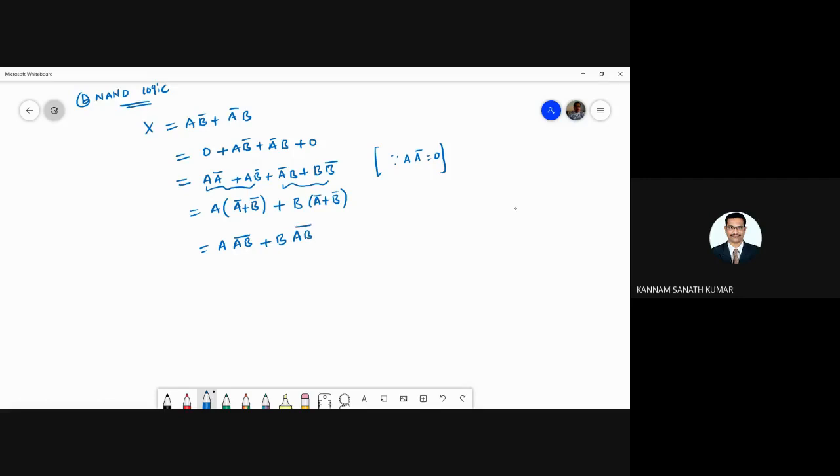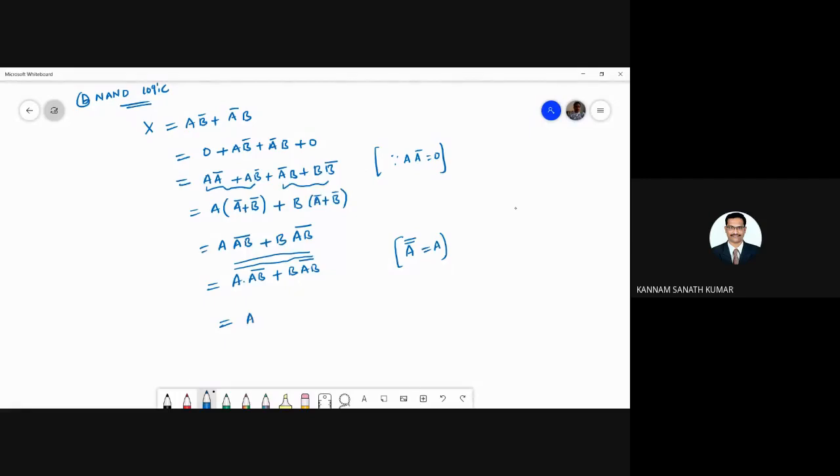Now what I am writing, A into AB whole bar plus B into AB whole bar. I can write whole bar, means from the Boolean expression, A bar whole bar equal to what? The true form itself. Complement of complement is nothing but true form. Now apply De Morgan's law for this one.